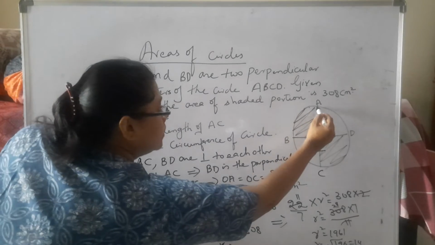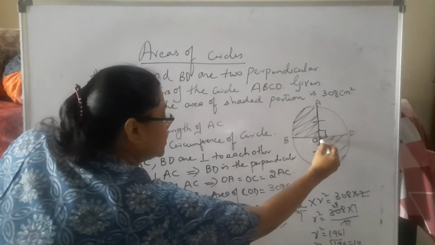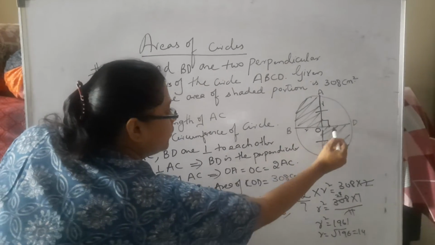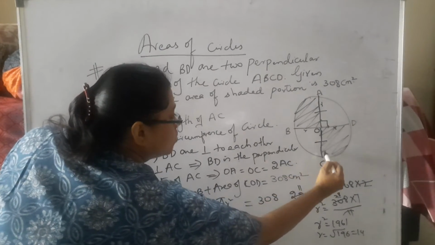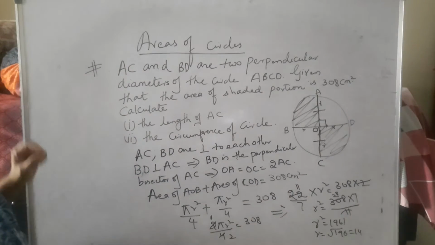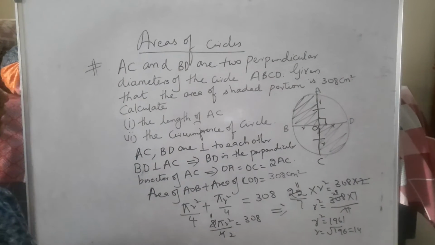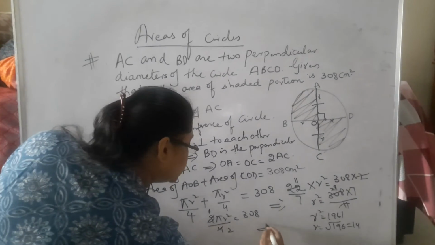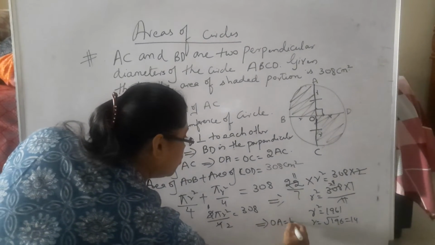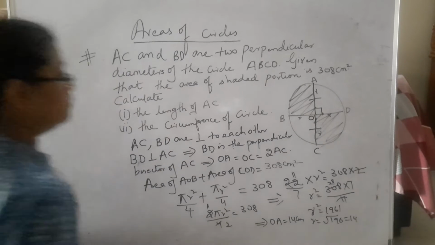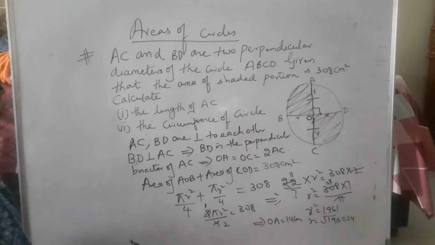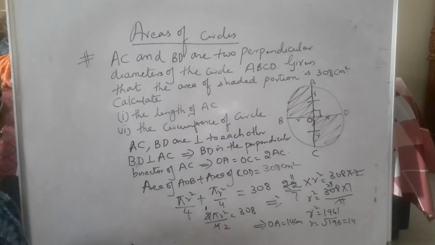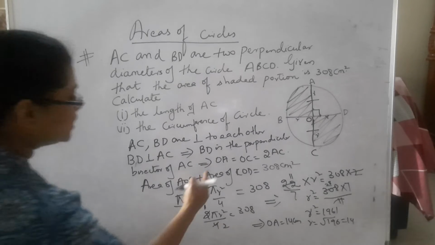What is r? For this quadrant this is the radius, and for this quadrant this is also the radius. So you got radius as 14. That means OA is 14 centimeters. But we know that, oh, here I just made a mistake.